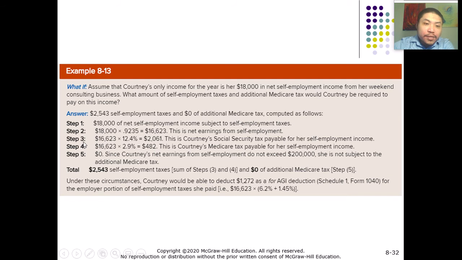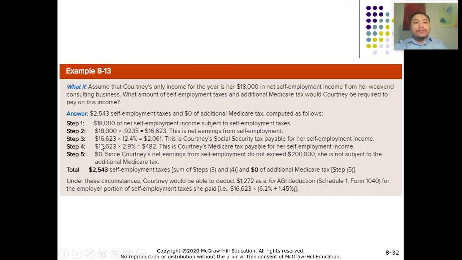Then step 3, we calculate the Social Security tax. We take the $73,880 times 12.4%. The reason it is 12.4% is that self-employed taxpayers have to pay the Social Security portion of both the employee and the employer, because she is employing herself in a self-employed business.